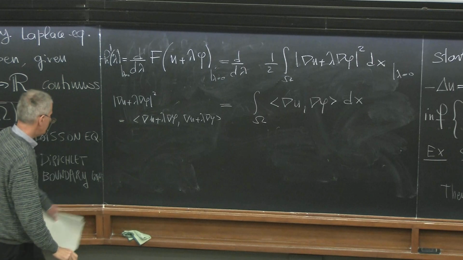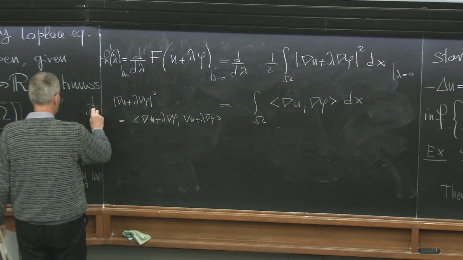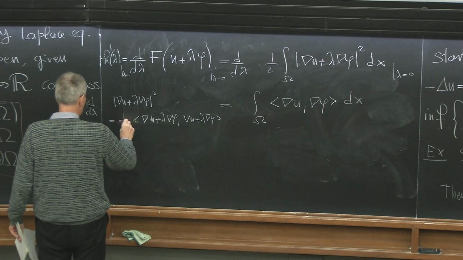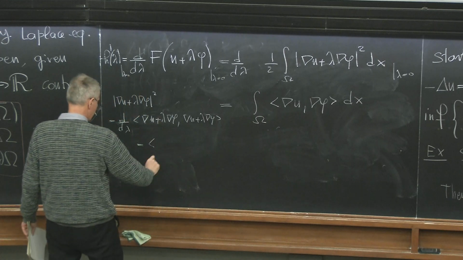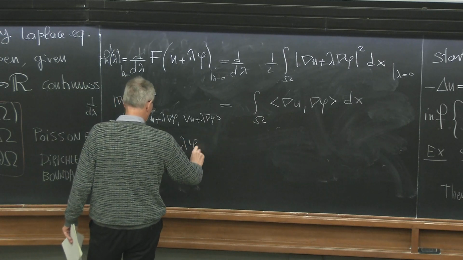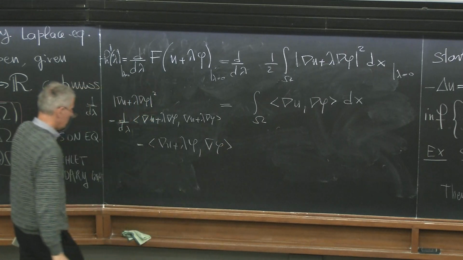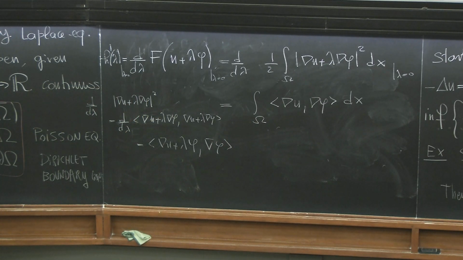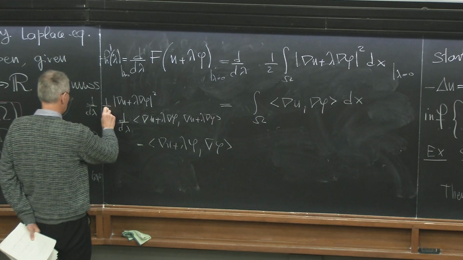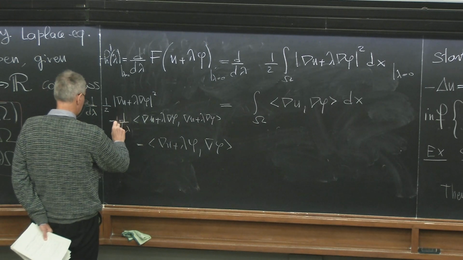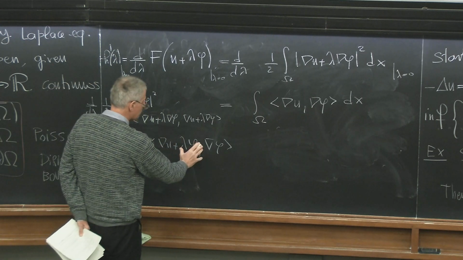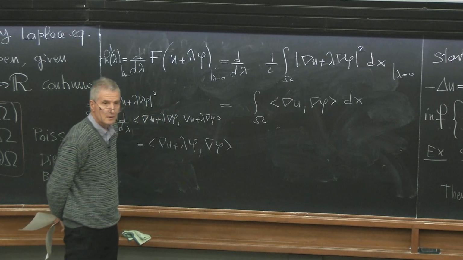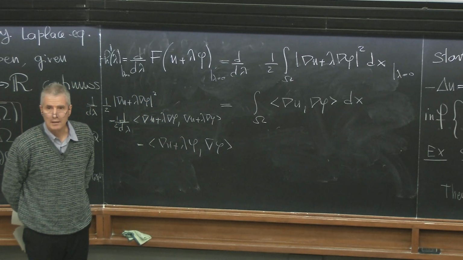And then you have to differentiate this, d over d lambda, and you have simply this, divided by 2. Now, when you put lambda equal to 0 in this expression, you get this object here. Is this clear?